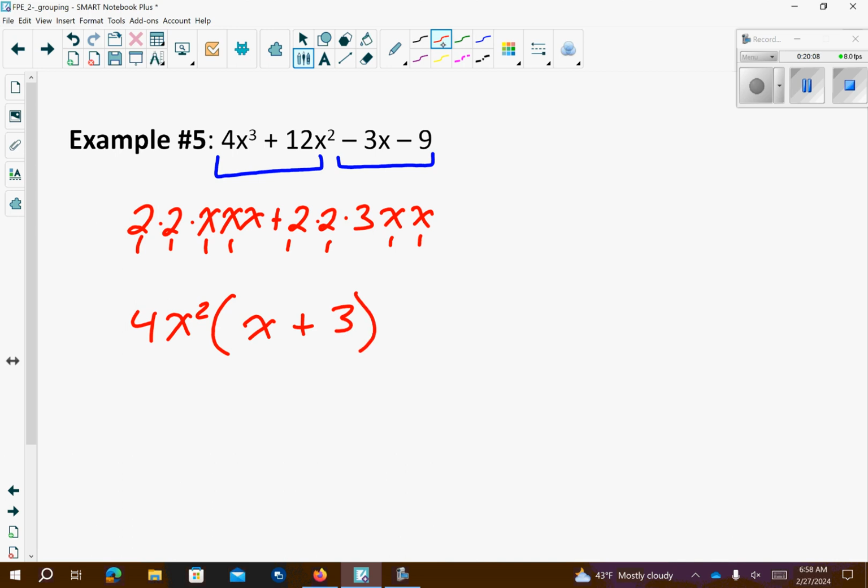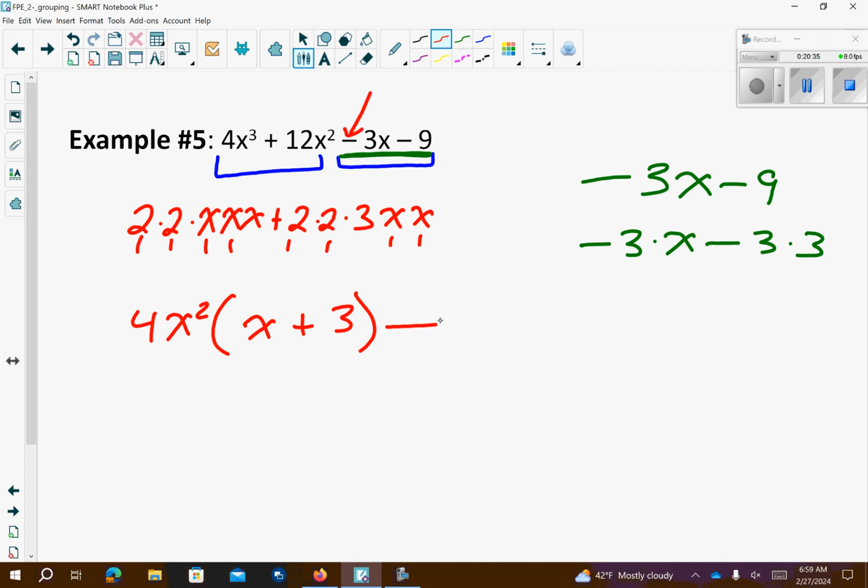Okay? So now, take a look at this right here. I'm going to bring it over here off to the side. Okay? One thing we want to take into account is I have a negative 3 and an x. Then I have a negative 3 times 3. Anytime you have this term here, the very middle, being a negative, that means there's going to be a negative right here.